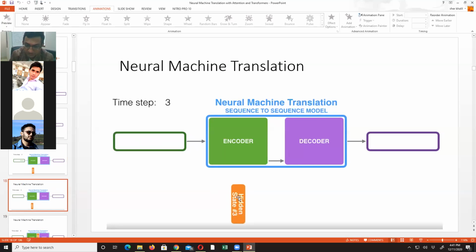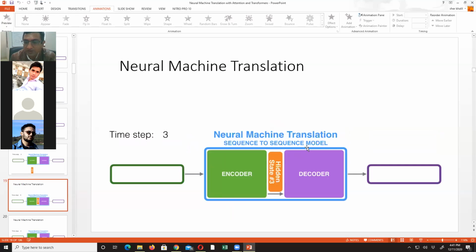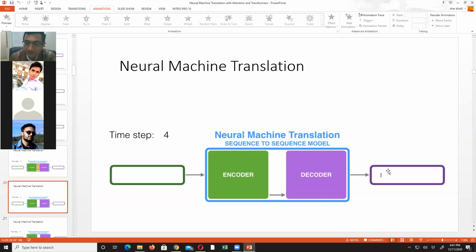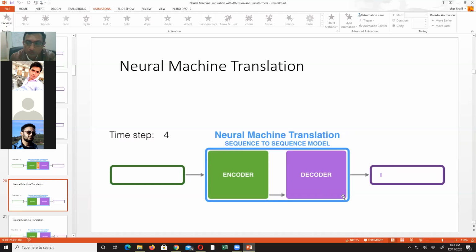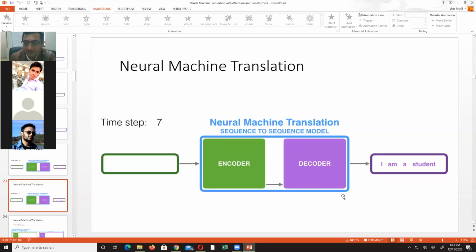Now, when the full sentence has been consumed, you call this a context vector, and this context vector is sent to the decoder, right? So this decoder will be able to recover the corresponding English translation of this French from this context vector. So at time step 4, it will recover I, then am, then a student.